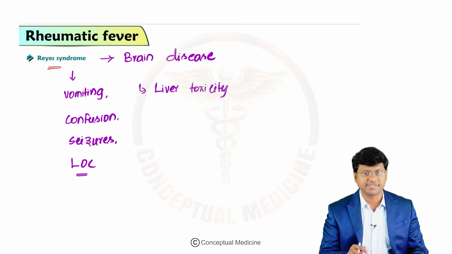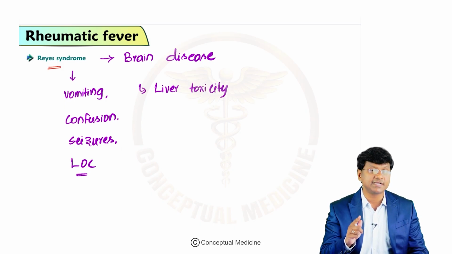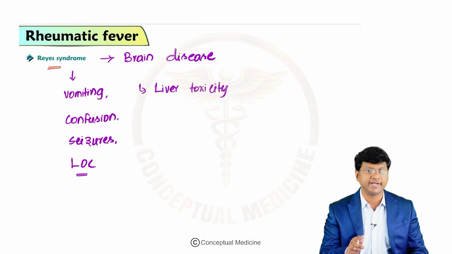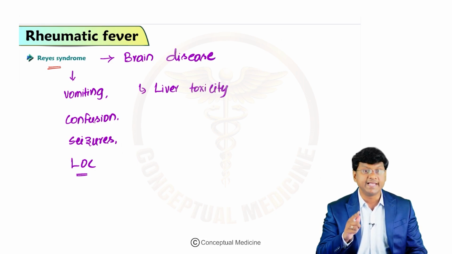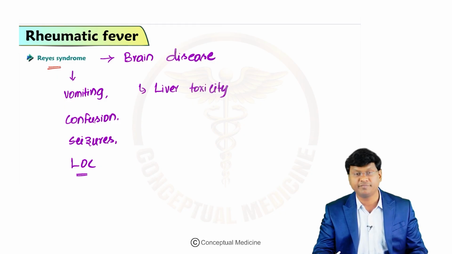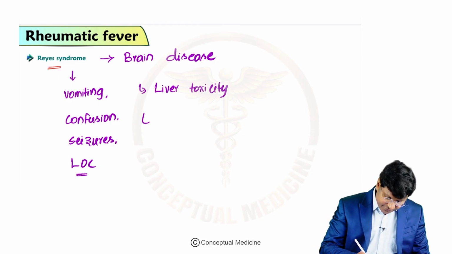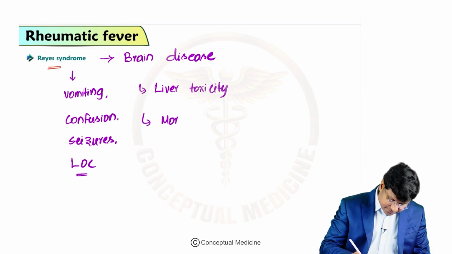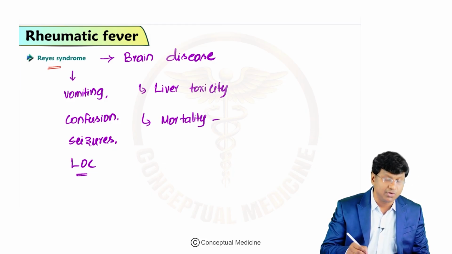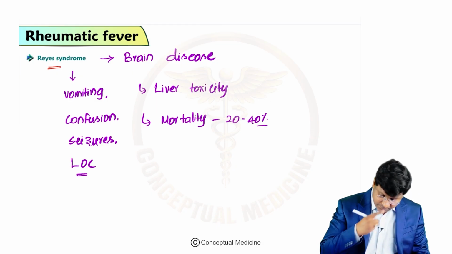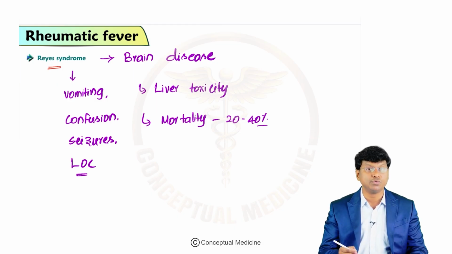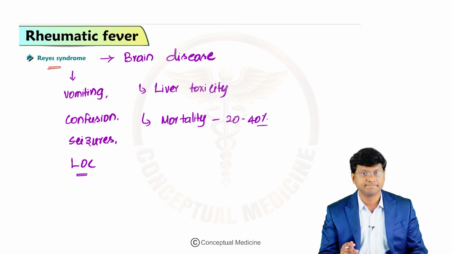And because of the brain disease, death occurs in 20 to 40% of those affected, and about a third of those who survive are left with a significant degree of brain damage. So mortality is around 20 to 40%, right?